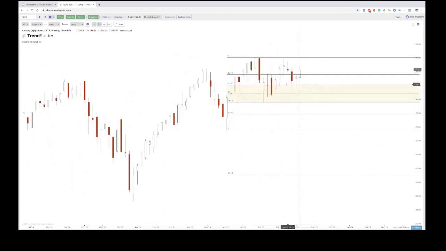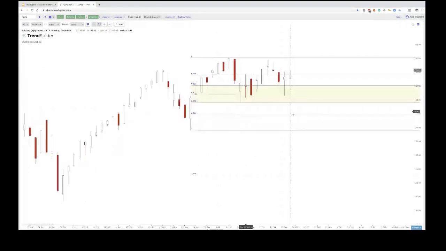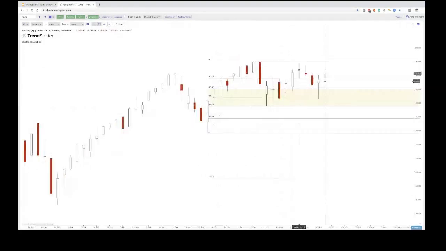So the system's not always going to find the exact fib you're looking for, the exact trend line. It's there to say, hey, here's another way to look at it, or here's another measured move that you may have missed that you want to check out. So that's the way to use the automation, and really not making it an end-all be-all. It's just like anything else, another tool in the toolbox.